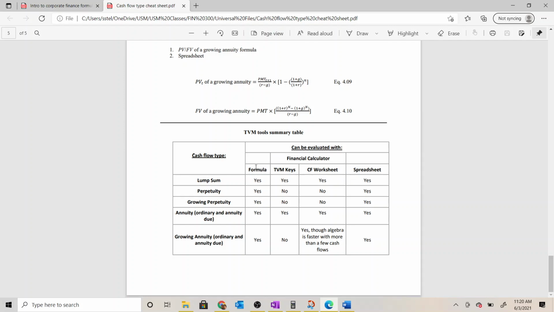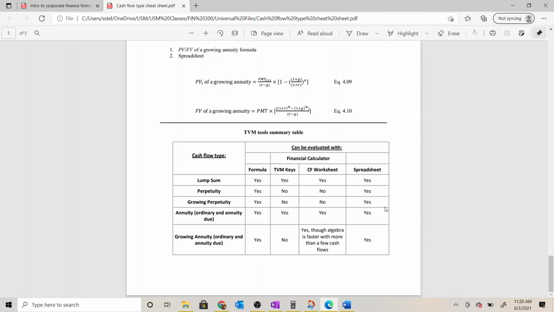The formulas will, of course, work for all types of cash flows. For the financial calculator, there are two tools within it. There's the time value of money keys and the cash flow worksheet that it can apply to various types of cash flows. And we'll look at both of those, or all three of those solutions, if they're available for each problem. I also list the spreadsheet solution that is available for all of the types of cash flows.